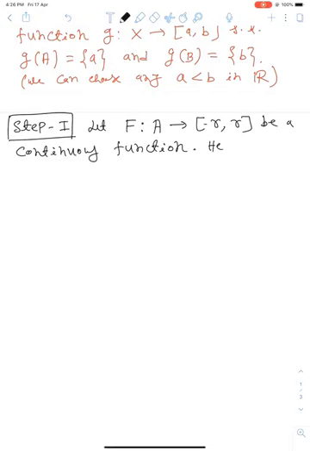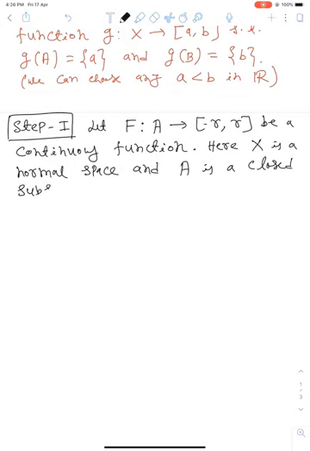Here X is a normal space and A is a closed subset of X. So why does such a map exist?